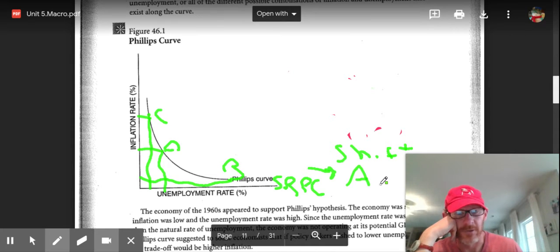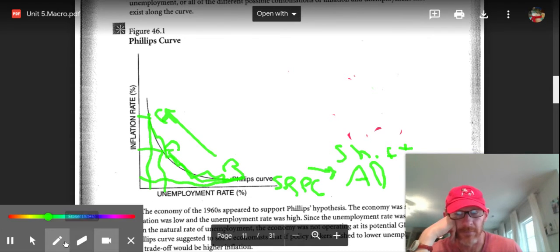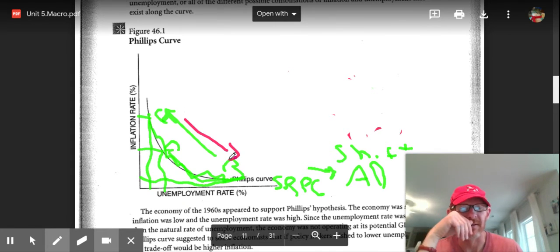If we move anywhere along the Phillips curve, it's going to be a shift of aggregate demand, right? The further we move left, the AD will actually go to the right. As we go this way, AD shifts to the left. So essentially, they go in opposite directions.